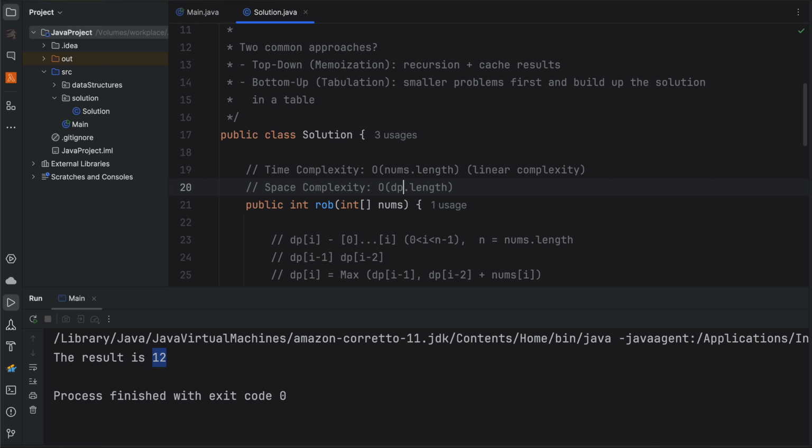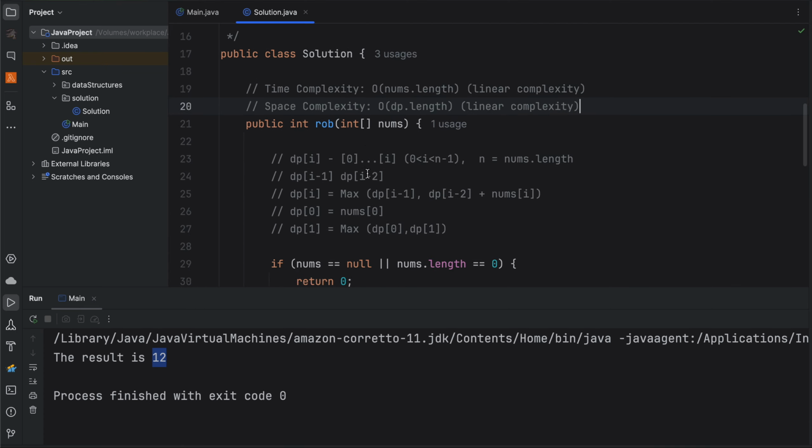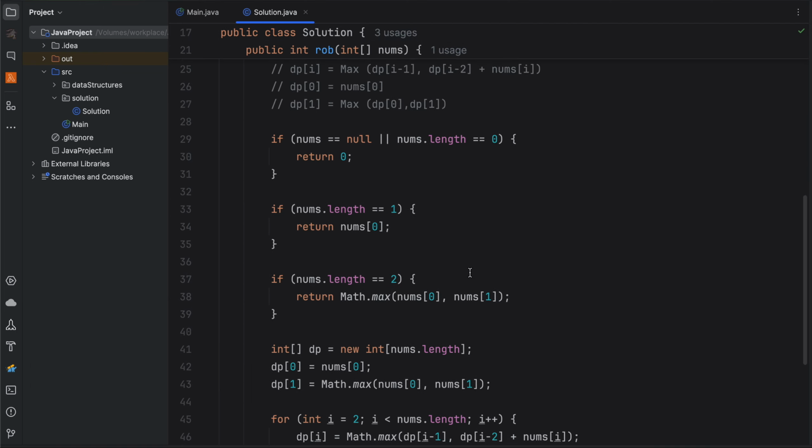Basically it would be dp.length, but dp.length is equal to nums.length, so we can say that it has linear space complexity as well. So the solution has the optimal time complexity, but the space complexity can be improved.